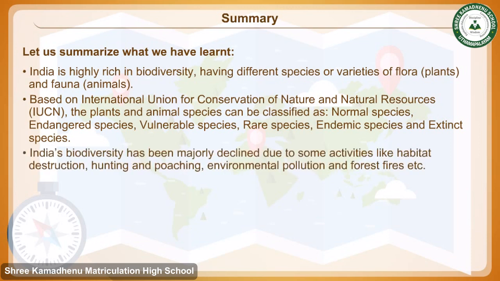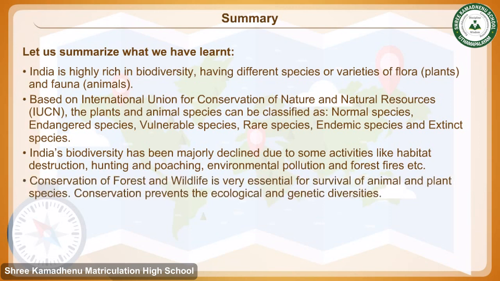India's biodiversity has been majorly declined due to some activities like habitat destruction, hunting and poaching, environmental pollution, and forest fires, etc. Conservation of forest and wildlife is very essential for survival of animal and plant species.